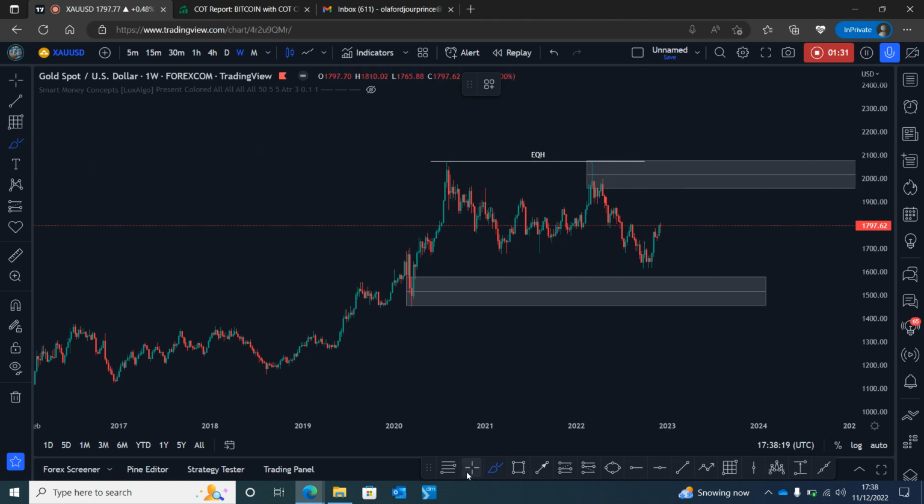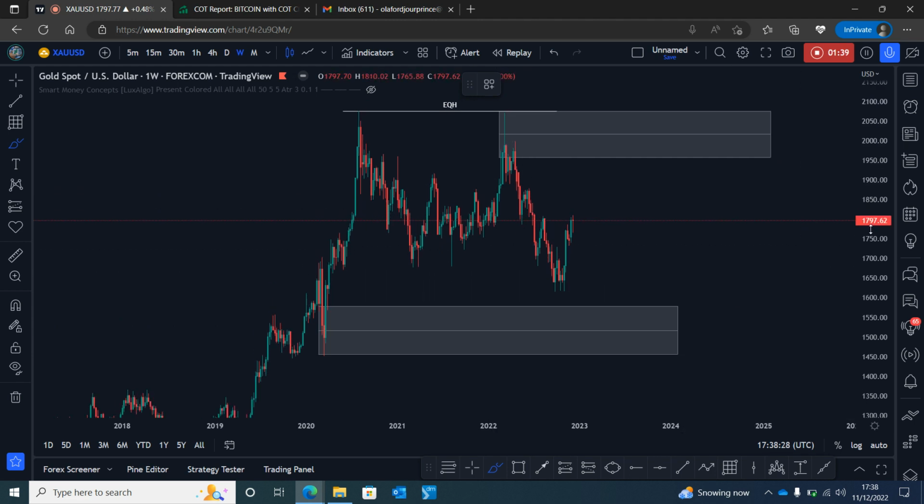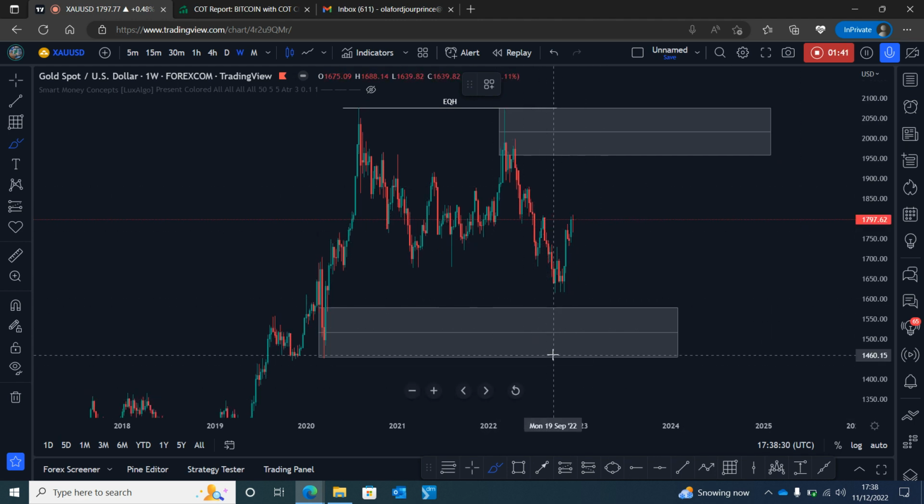So there's a bit of speculation and obviously a bit of confusion in terms of the market. Gold has gone up a bit, and because of interest rates and inflation, all these things affect the market's rate.